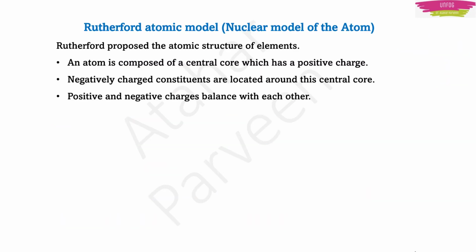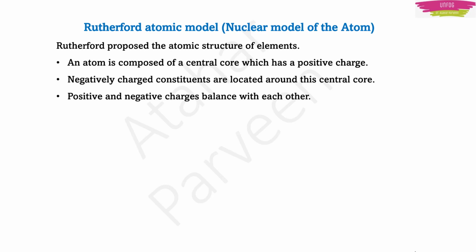So for conclusion, what did Rutherford's atomic model actually tell? Rutherford's atomic model is also known as the nuclear model of the atom because it told that the atom is composed of one central core which has a positive charge. And what is this central core? It is nothing but the nucleus. So the most important point of Rutherford's atomic model is that it gave us the idea of the presence of a nucleus inside the atom.